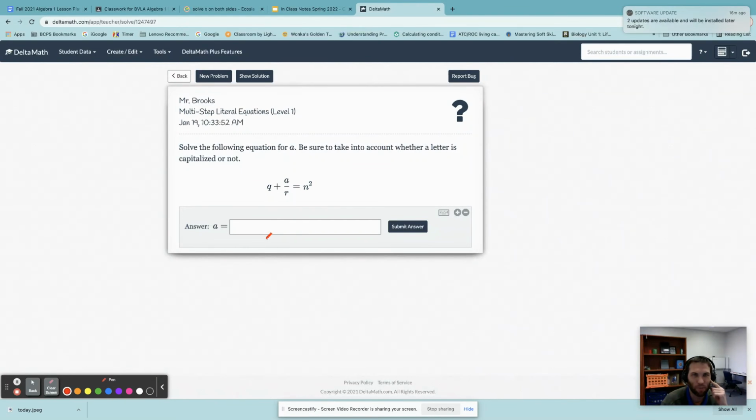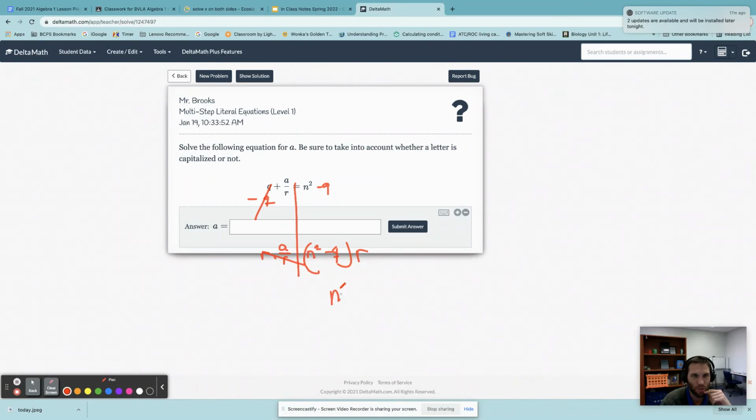It might be 2 or 3 steps, but solve for A. So here's A right here. So what do we have to do? Well, it looks like it's basically a 2-step equation. So I would subtract Q away, right? Always add and subtract. Now, these aren't like terms, and that's fine. So A divided by R is equal to N squared minus Q. And then it's A divided by R, so the opposite is times R. So when you get these two parts, you'll have to use the distributive property notation with parentheses.